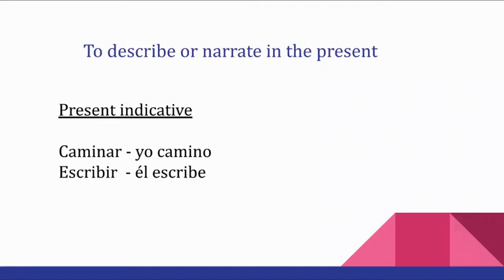Hola, hoy vamos a hablar sobre cómo describir o narrar en el presente, using two different forms, con el presente indicativo y una nueva forma, and a new form, que es el presente subjuntivo.